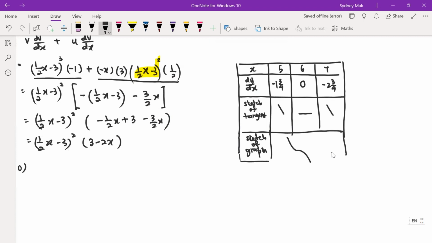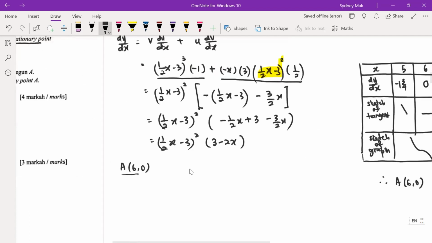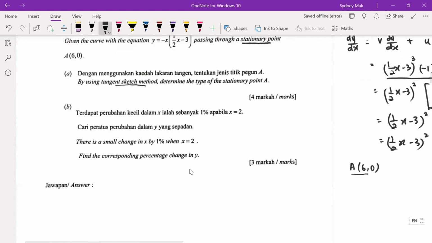So from here, it is very obvious, we can make a conclusion. A(6, 0) is an inflection point. Inflection point. Titik lengkok balas. Okay? So that is for part A.